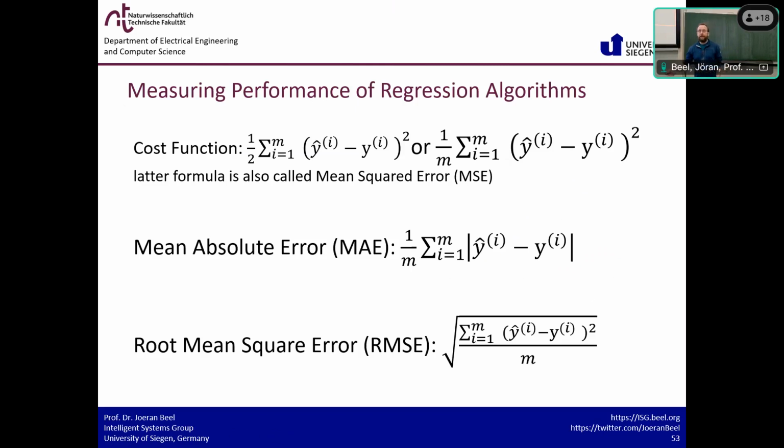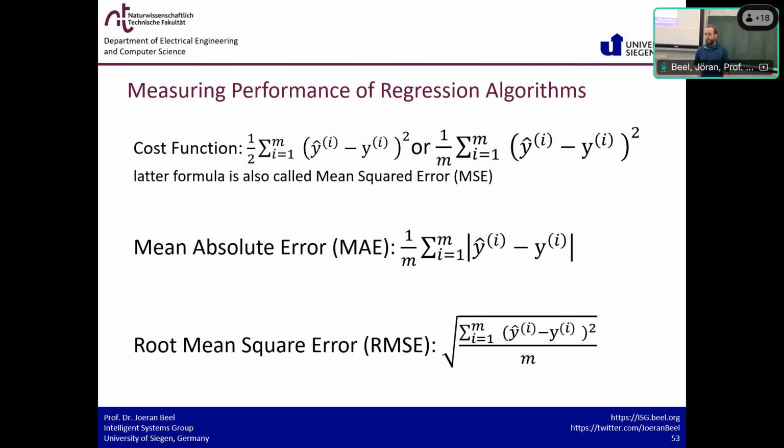If you tell someone, even your grandmother, I built a machine learning model that can predict a student's salary and the average error is 10,000, or that can predict how much money you will get for your house and the average error is 12,000, everyone has a good idea of what that means.